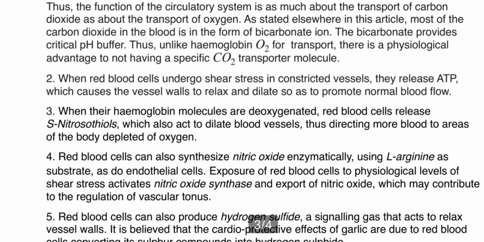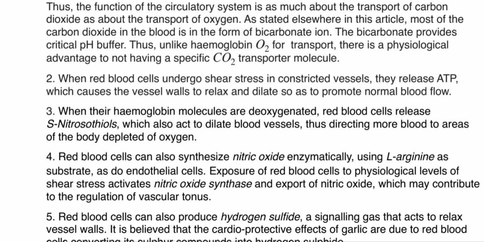The second function is that when red blood cells undergo shear stress in constricted vessels, they release ATP, which causes the vessel walls to relax and dilate so as to promote normal blood flow.